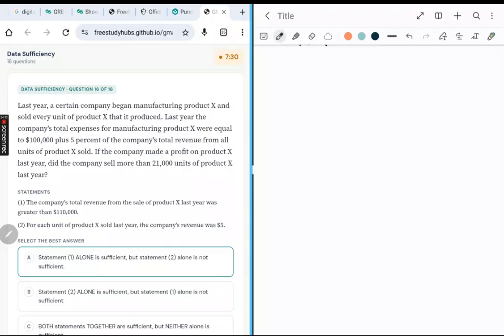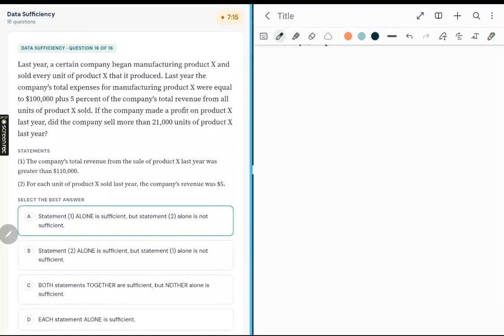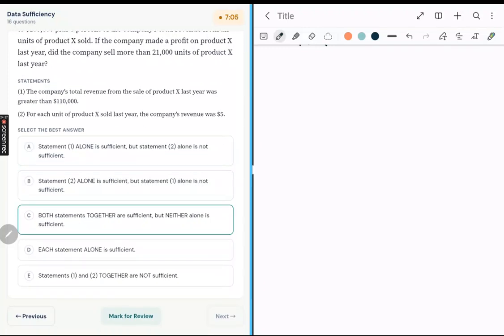After selling these 20,000 units, they still need to cover the 5% of the company's total revenue. But that will give us a clue on whether they need to sell more than this or not. Remember, in statement 1, we are told that the revenue was greater than 110, but we don't know how to distribute it. So we select B here.